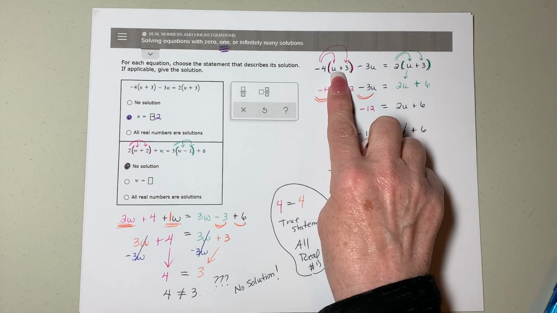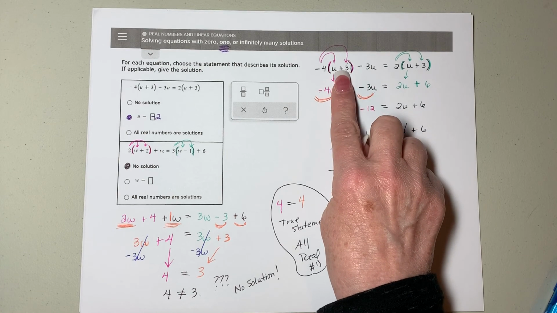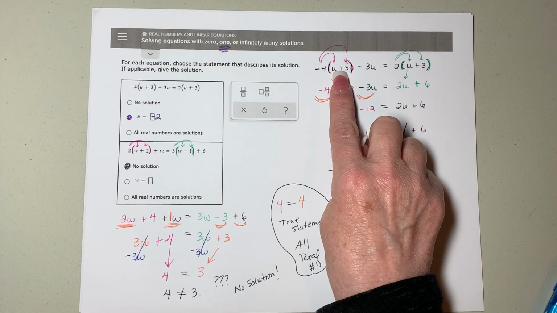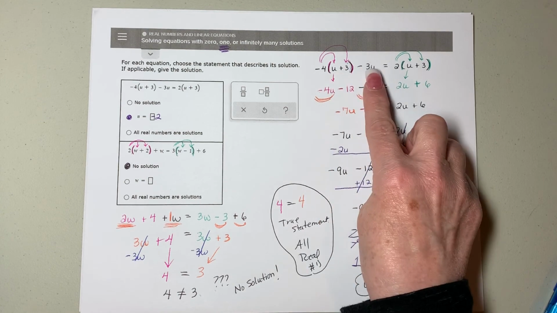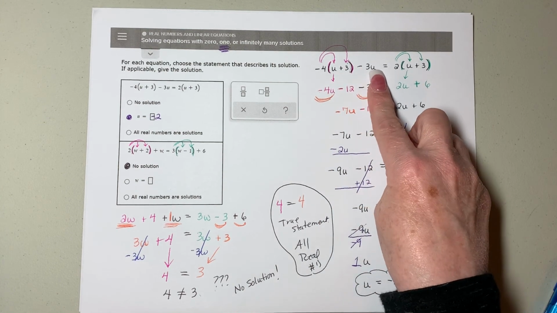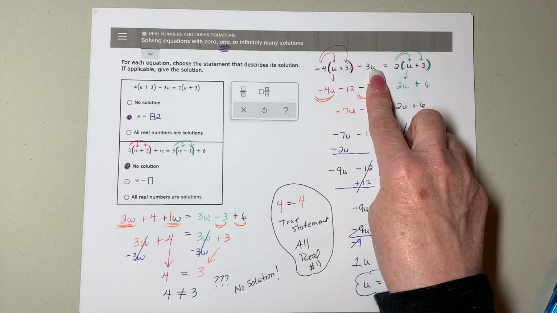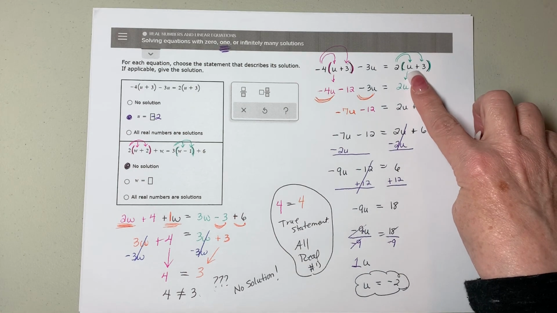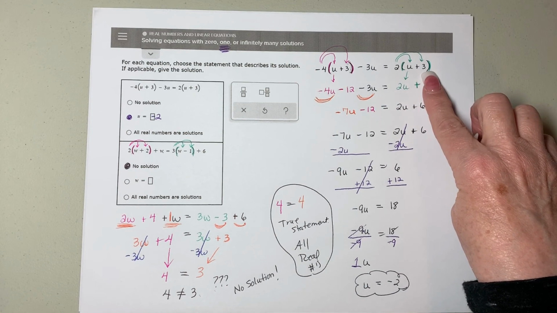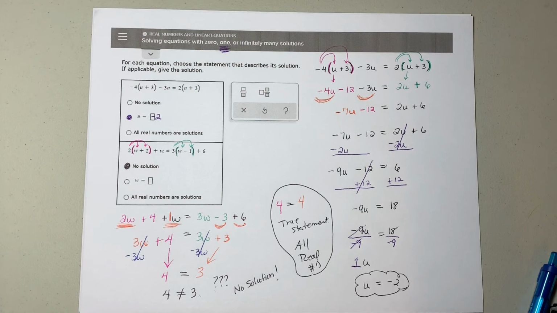If I plug -2 into the original equation, let's see, -2 plus 3 is 1, times -4 is -4, and then -3 times -2 is a +6. So -4 plus 6, that's a 2. When I stick it in over here, -2 plus 3 is 1, and 2 times 1 is 2.